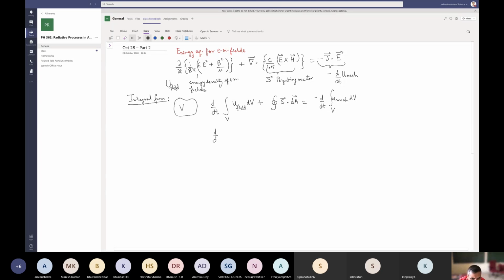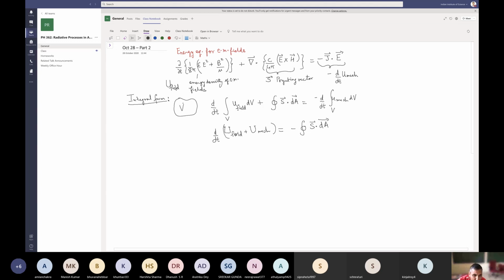So this is d/dt of U. Capital U is energy in the field, not energy density. Small u is energy density. So this is the volume integral, plus U, the mechanical energy of the particles, is equal to minus the integral of S·dA.